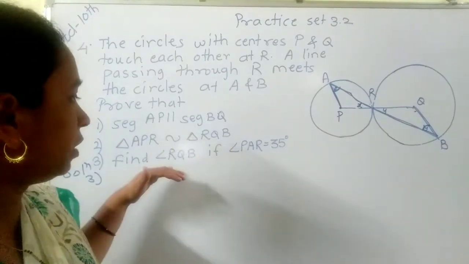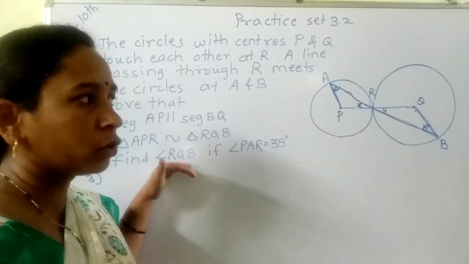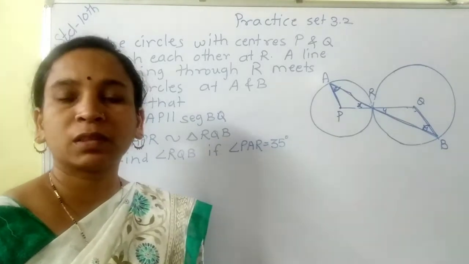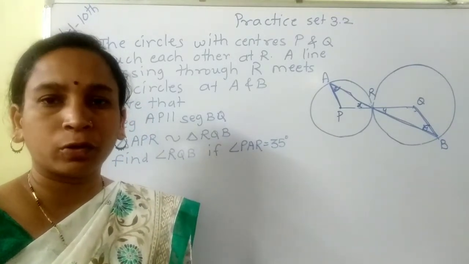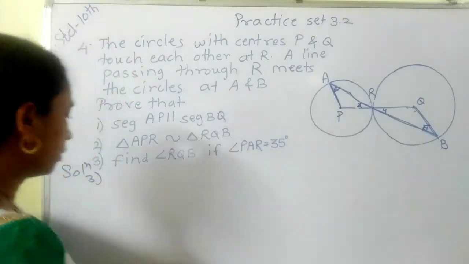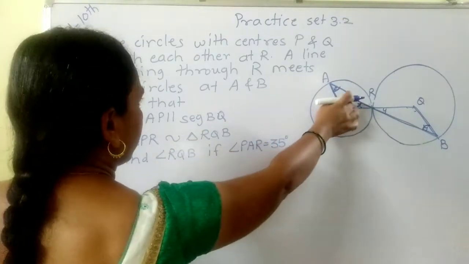To find the angle RQB, we will take the help of the sum of all angles of a triangle. That property we are going to use, and we'll find out the angles. So here I will consider this triangle first.